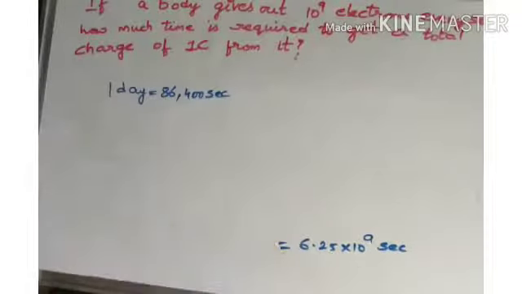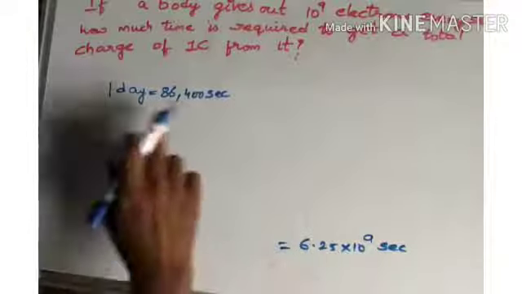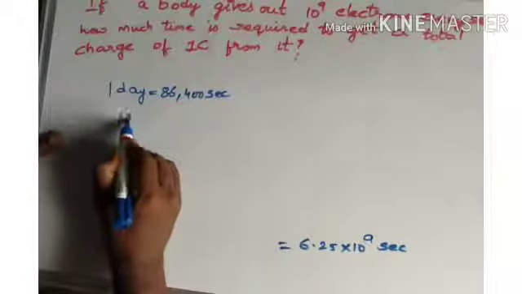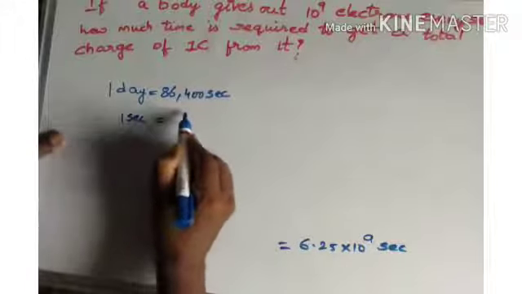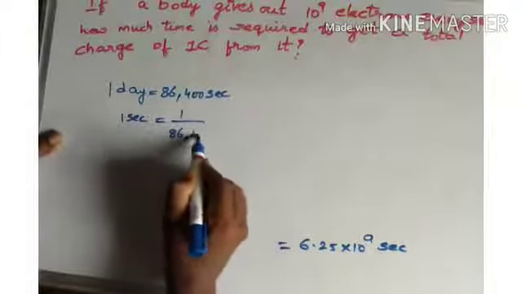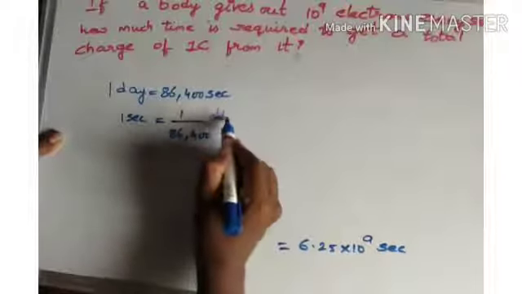If you have a doubt, you can convert 24 into 60 minutes into 60 seconds. So 1 second is equal to 1 by 86,400 day.